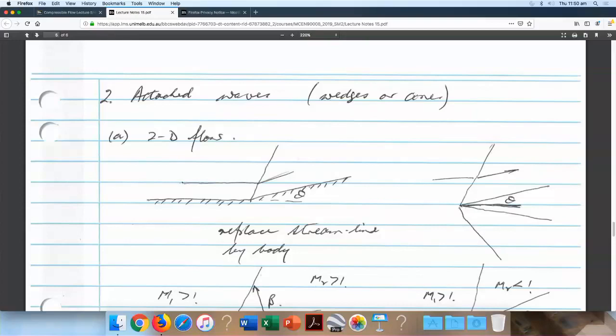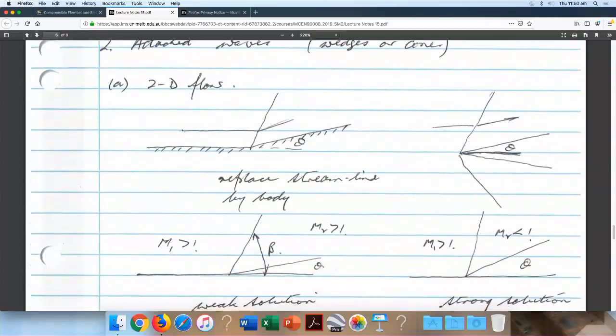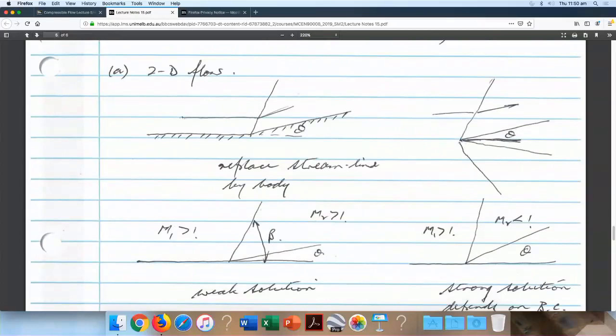And so we have what's called an attached shock right here. The flow's coming in. It's supersonic. We don't have any difficulty. This is a point, and the flow gets turned through an angle theta. So here's two cases. M1 is greater than 1, and here's beta, the angle of the shock with respect to the direction of the flow.